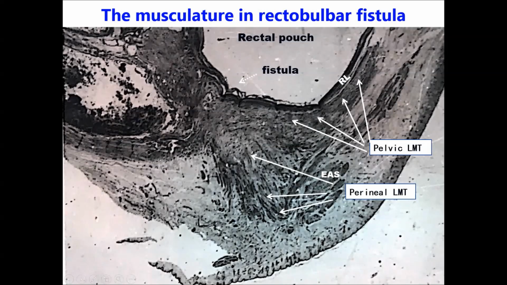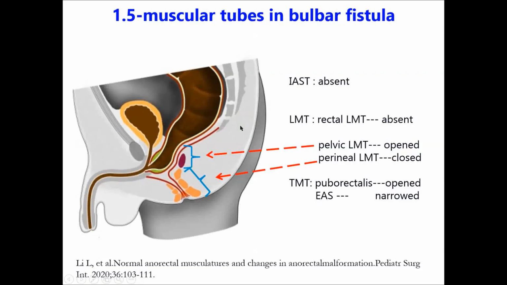This slide is showing the musculature in the rectal bulbar fistula. You can see this is the rectal pouch. This is the fistula. The pelvic longitudinal muscle tube is opened by the dilated rectal pouch, and the perineal longitudinal muscle tube is closed. In intermediate ARM, only 1.5 muscular tubes existed.